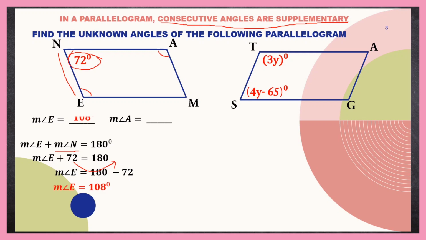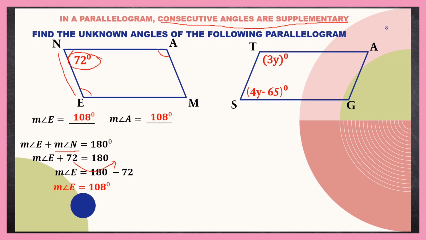Let us write the answer on the blank provided. So we have 108 degrees. Then of course, the measure of angle A is also 108 degrees because angle N and angle A are consecutive angles. So the sum of the two angles is also equal to 180 degrees. Then let us proceed to the next parallelogram.